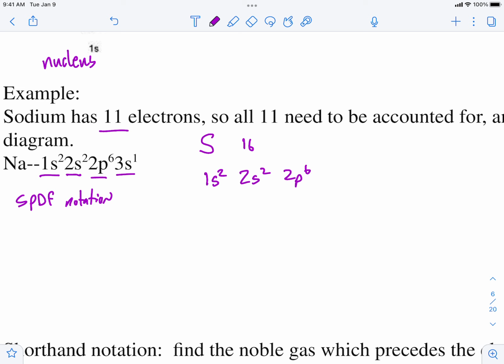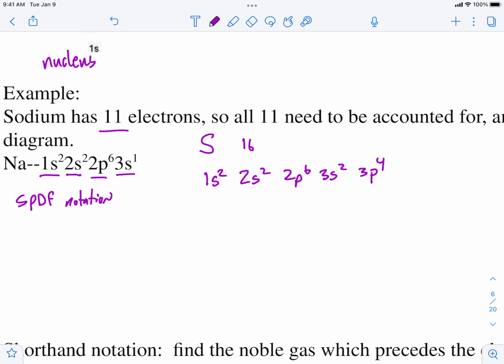That is 10 electrons so far, and you have to account for all 16, so we keep going. What comes after 2p? 3s. And that has a 2. That is 12 so far. What comes after 3s? 3p. And how many electrons do we have left? 4. So we put a 4 there. Okay, that's our SPDF notation for sulfur.